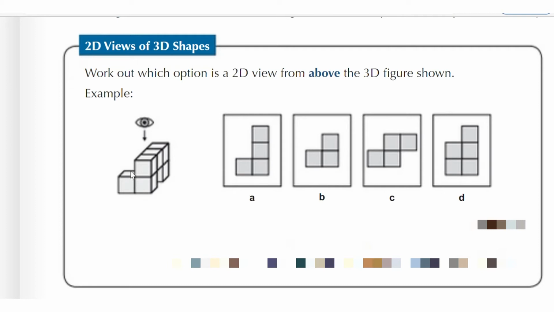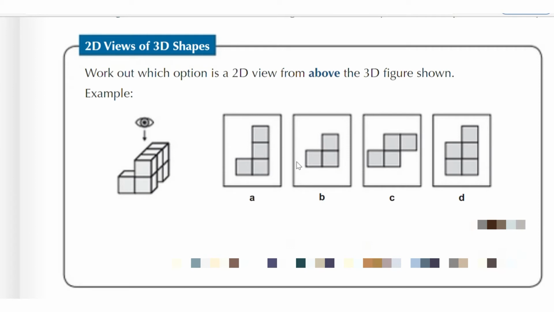Okay, so that means this is a cube put in front of another cube, then there's a space, and then there's another cube. But we are looking at it from the top, so we're not concerned about what happens under. So from the top, we can see there are 4 blocks visible from above, which rules out B and D. It can't be B, because from the top you can see this one and these 3.